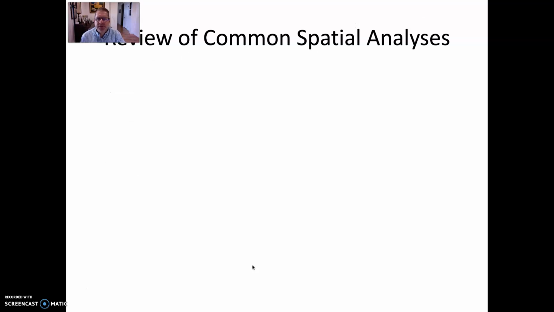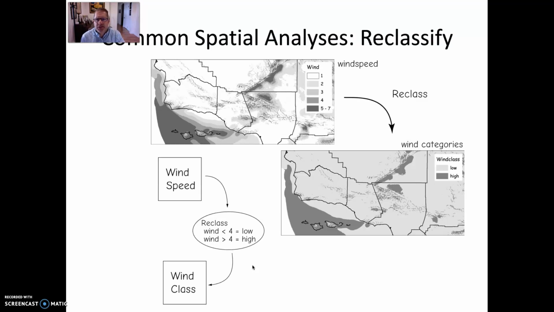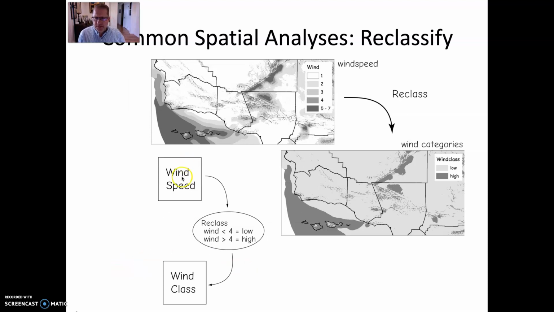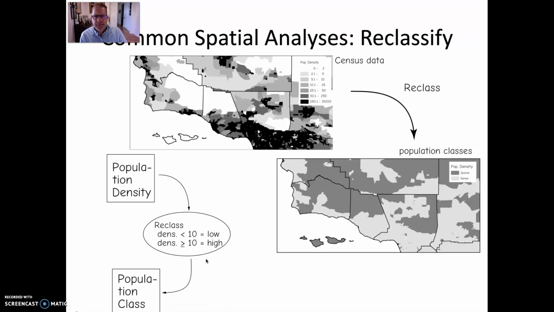There are a few more interesting spatial analysis tools we can look at, such as Reclassify, which I talked about in our last lecture. Here we're reclassifying wind speed to wind categories. So 1, 2, 3, 4, 5 miles an hour converted into classes of low or high. Notice this diagram here on the left, where we have wind speed as a data set being processed through a geoprocessing function, and then we draw the resulting data set again as wind class.